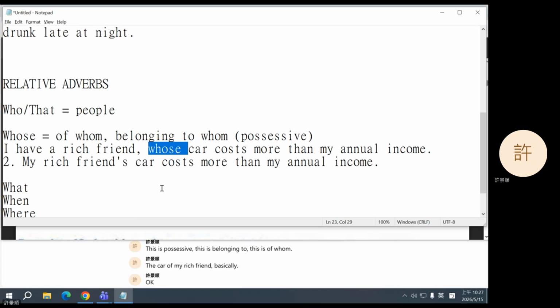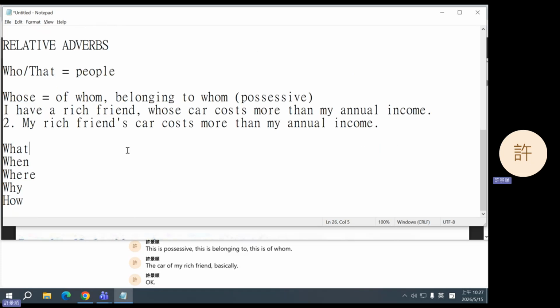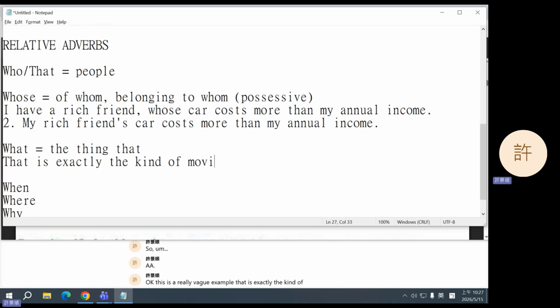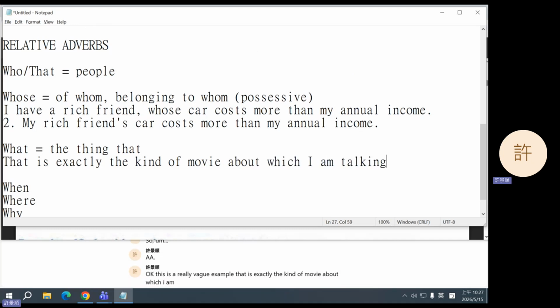Okay? Okay. Next, what is the thing that? So, okay, this is a really vague example. That is exactly the kind of movie about which I am talking.